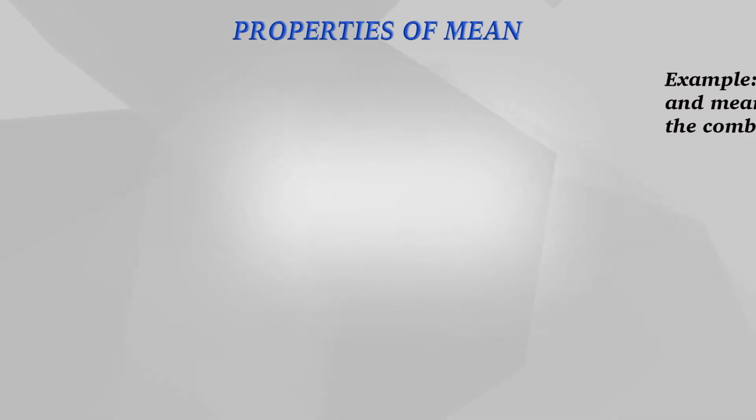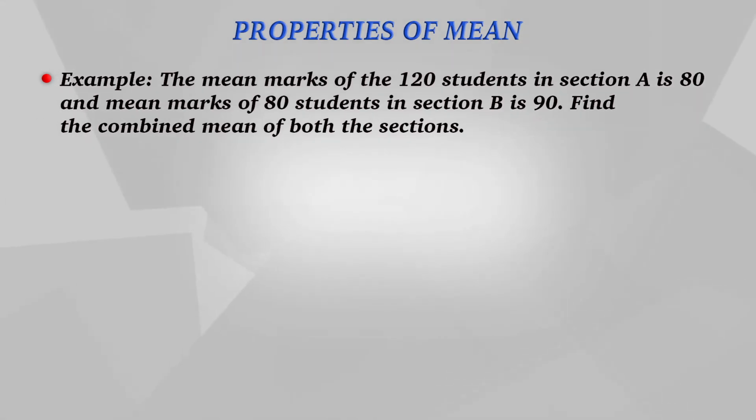So, we have an example: the mean marks of 120 students in section A is 80, and the mean marks of 80 students in section B is 90. Then we can find the combined mean of both sections.